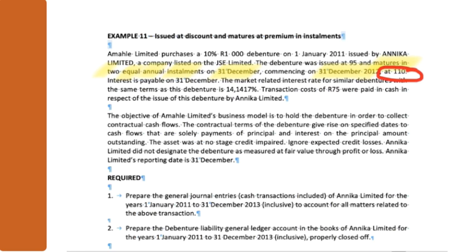We could also have said it matures at a premium of 10%, because it's 10% more than the 100%, which is the nominal value. Interest on this specific debenture is payable annually on 31 December. So only once a year at the end of the year.